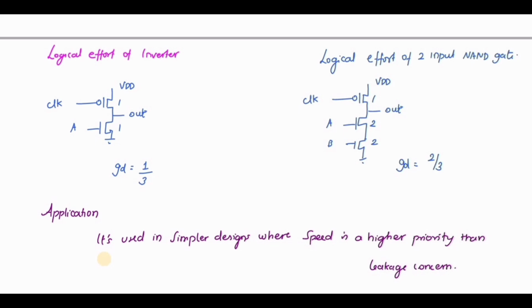The GD value is 2 divided by 3, where 2 is the value of A or B; you can use either. The application of this unfooted dynamic CMOS logic is in simpler designs where speed is a higher priority than leakage concern.